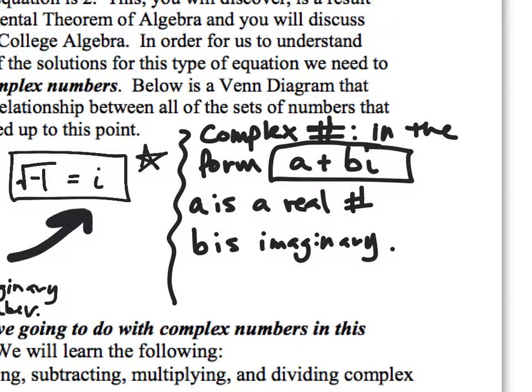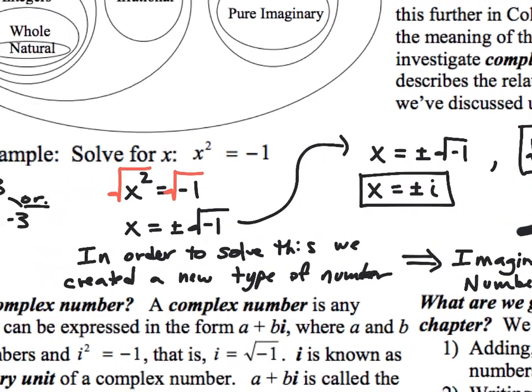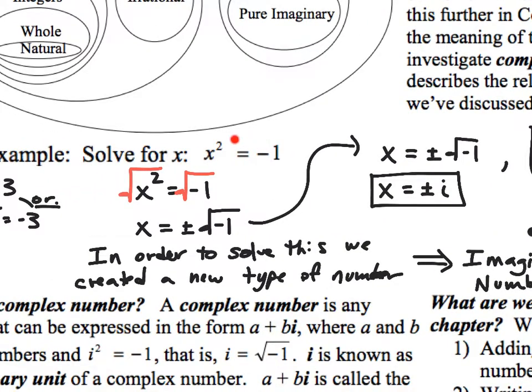Now, you're probably sitting there going, okay, Joe, how come we have these things called imaginary numbers? And I'll tell you the reason why. The reason why is because we had to come up with solutions to this type of equation. So we created a new type of number. And I'm not going to go very far into it, but it is used in a lot of electronics.